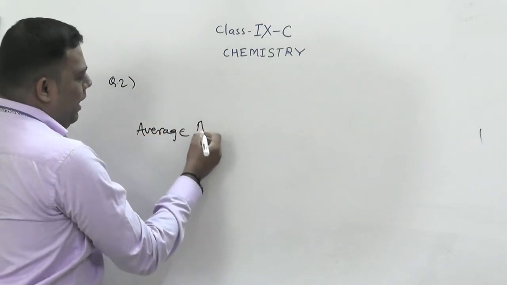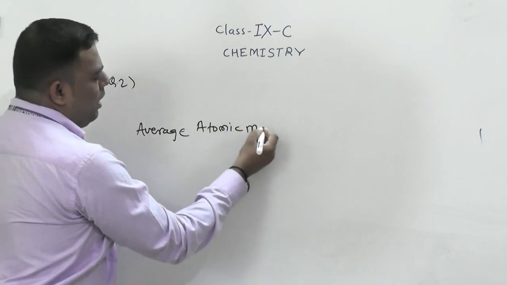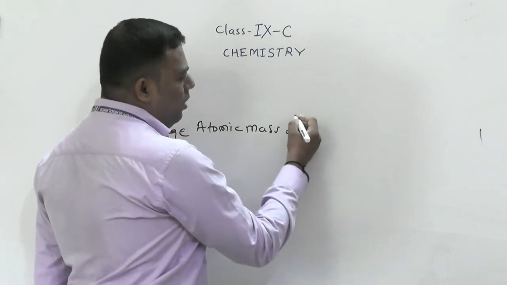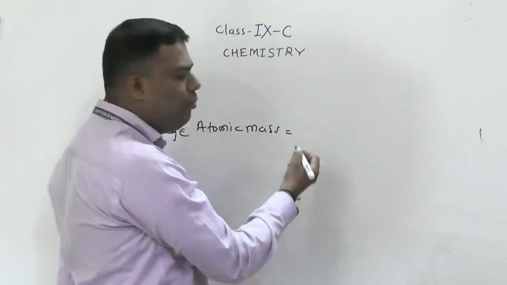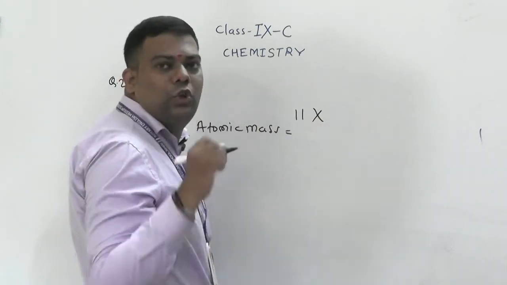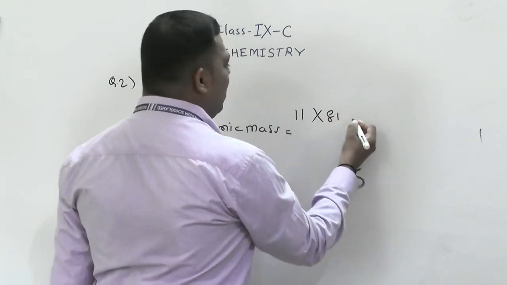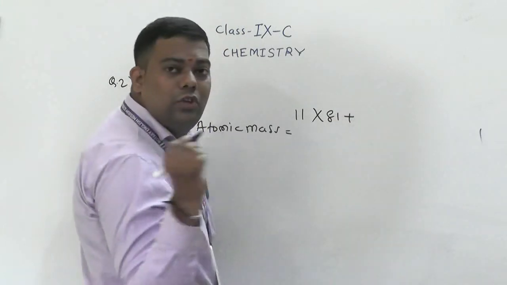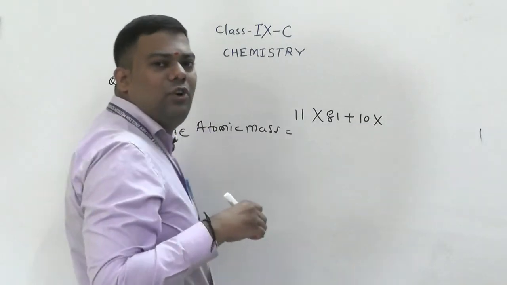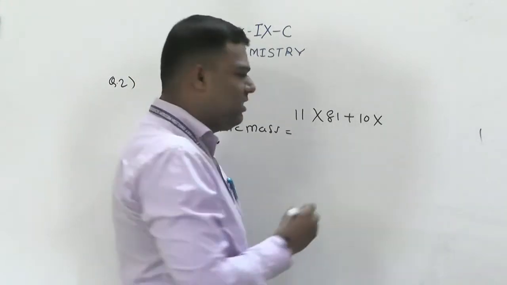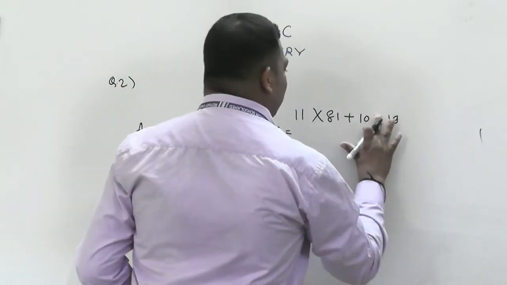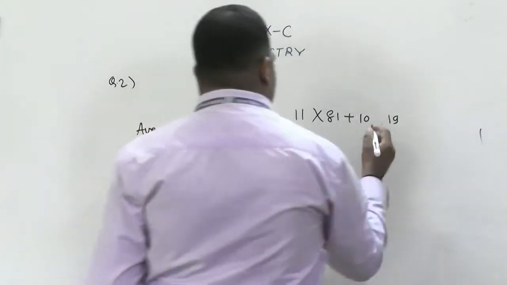Average atomic mass is equal to the atomic mass of your first isotope, 11, into its isotopic percentage, 81, plus the second boron atomic mass, 10, into its isotopic percentage, 19.